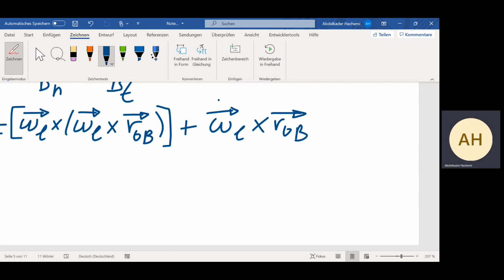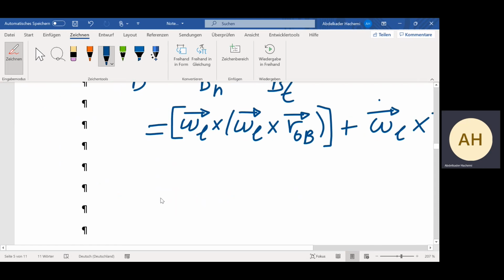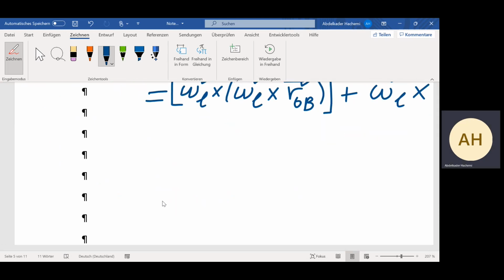Okay, then if we take the components, here for omega L we have 0, 0, omega L. We take them as positive direction.